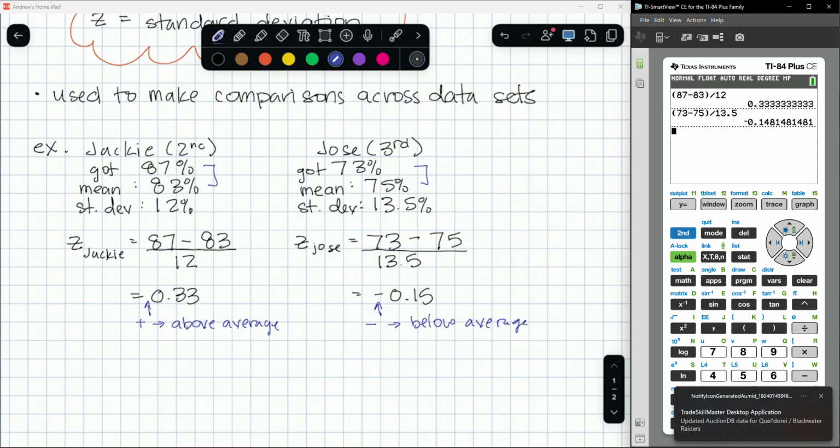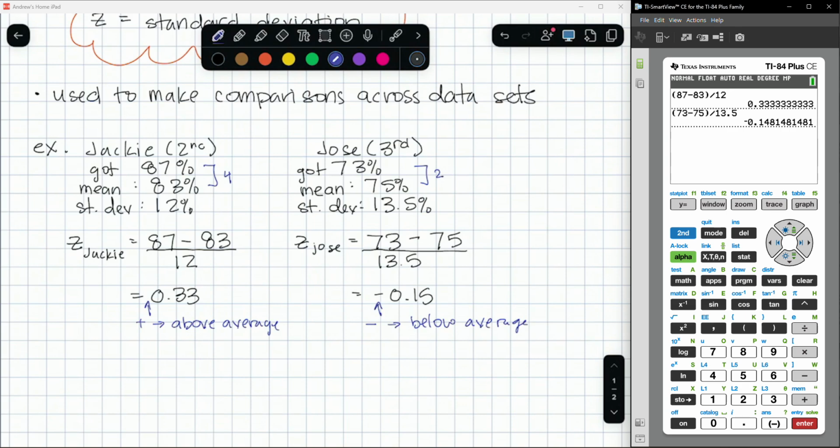The other thing I can see that was less clear maybe in the picture is, if I just look at that difference, that's a difference of 4 and that's a difference of 2. I think Jackie did twice as well.